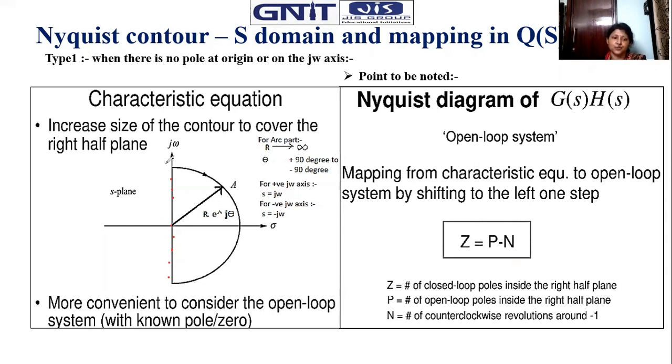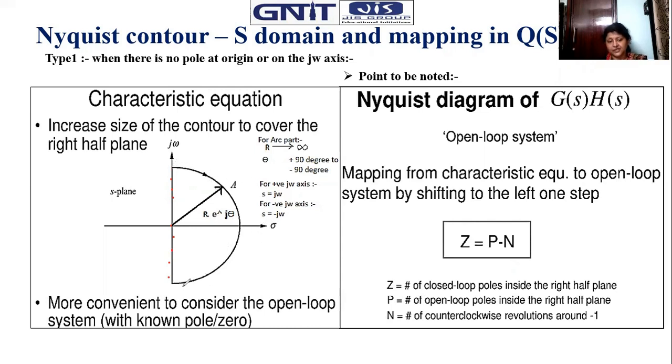Thirdly, to count Z, you have to find N, and N will come from your polar plot, or you can say the Nyquist plot. Then we will just put in all those values of P and N.